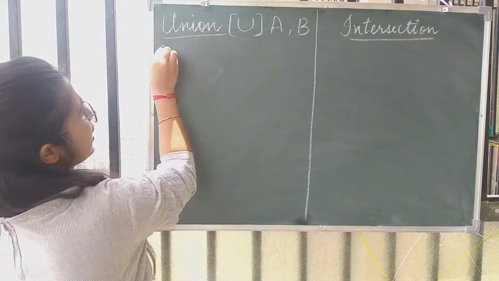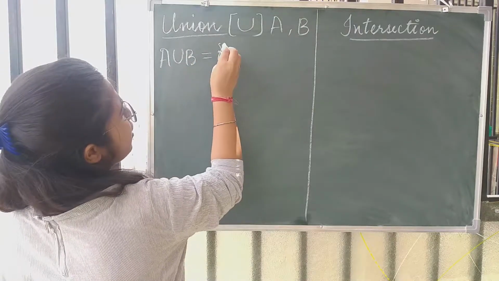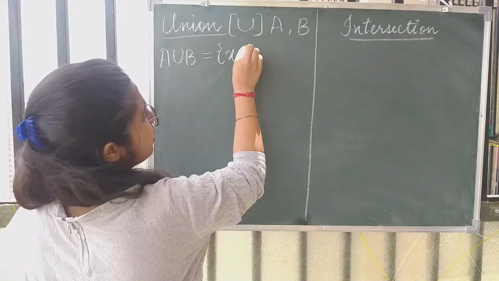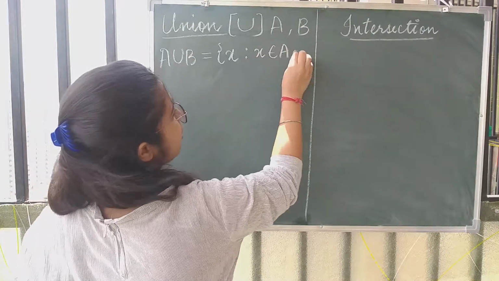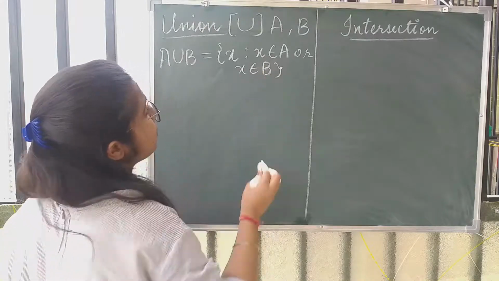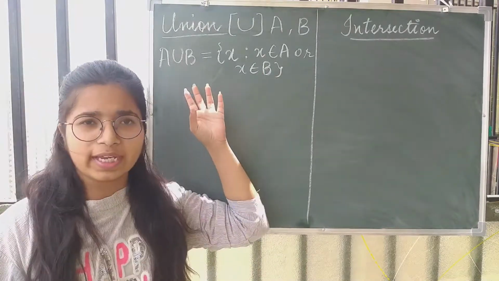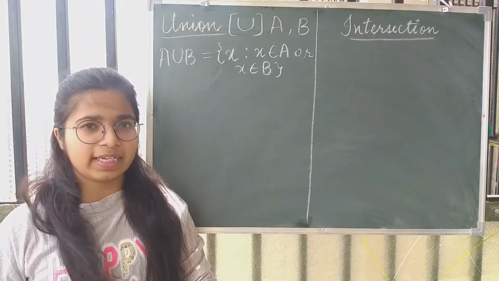So we can write A union B is the set having elements X such that X या तो A को belong करे और X belongs to B. This implies कि जो भी elements होंगे A union B में वो या तो A के elements होंगे या फिर B के elements होंगे.